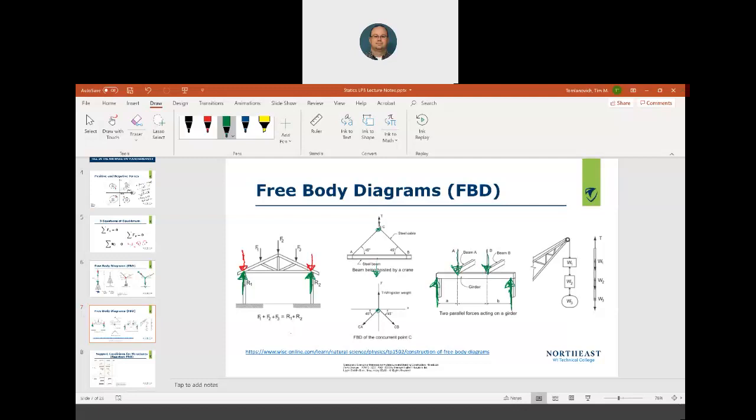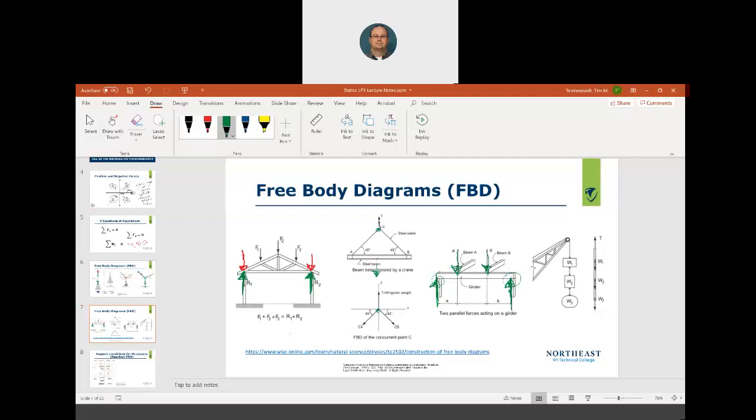So now I can solve by knowing the force of beam B and beam A, it's kind of treated as a point load onto this girder here. I can use static equilibrium, three equations of equilibrium to solve for the force on the wall here and the force on the wall here. Okay, that's why we do free body diagrams.